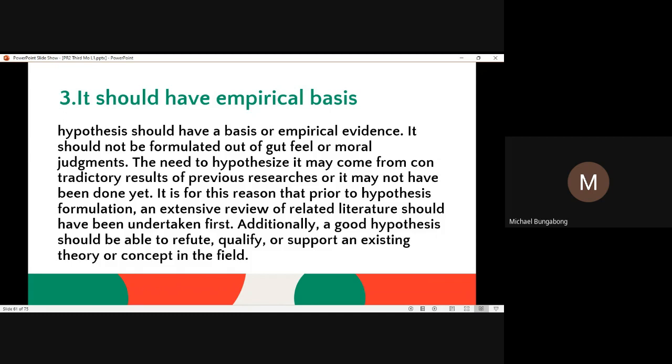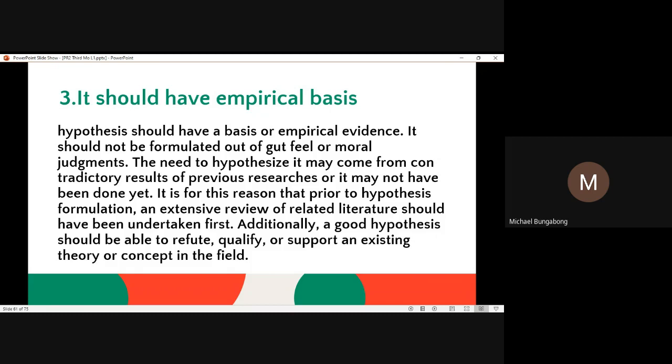So the need to hypothesize may come from contradictory results of previous researchers, or it may not have been done yet, because as a researcher, your intention is to fill the gap or to continue that study with different sets of methods or something like that, or you have to connect that to what is currently happening that is related to that study as well. All right.